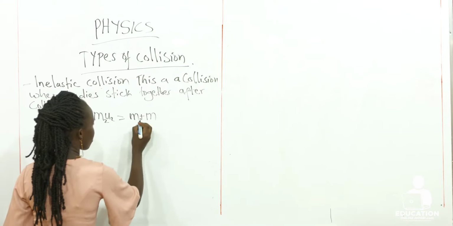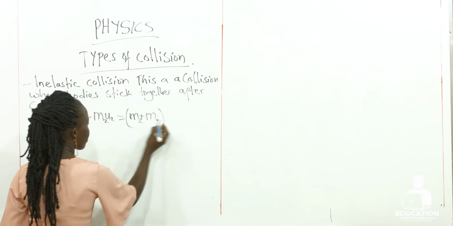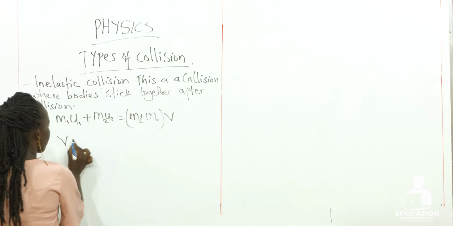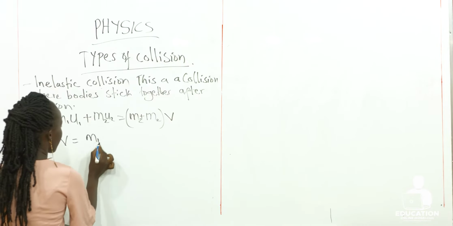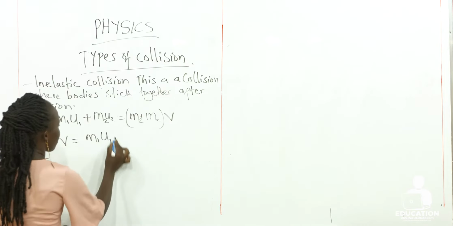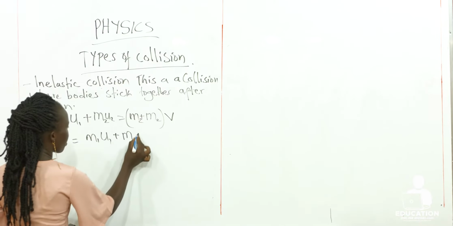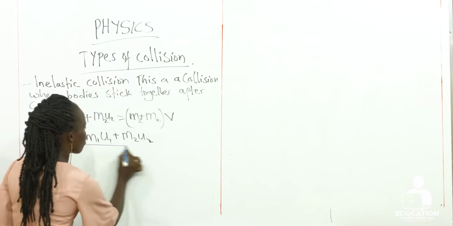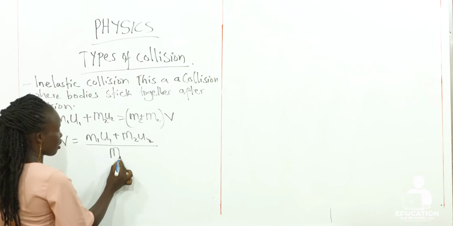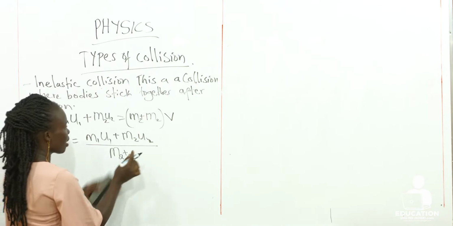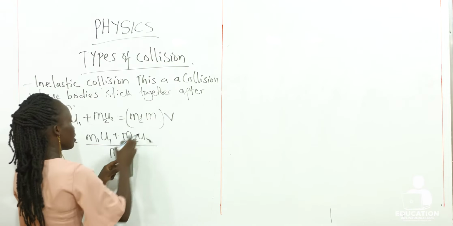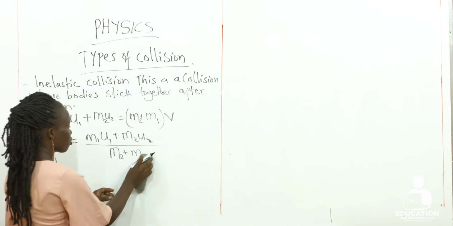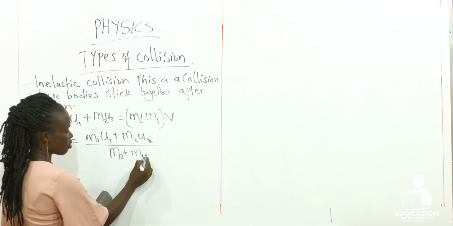Since the bodies stick together, we add the two masses and multiply by their same velocity. So here our velocity is equal to the momentum of the first, plus the momentum with which the second body was moving, then we divide all this by the two masses, m1 and m2. So that is how we get the velocity when the bodies actually stick together.